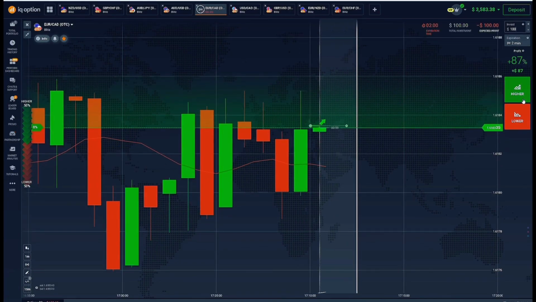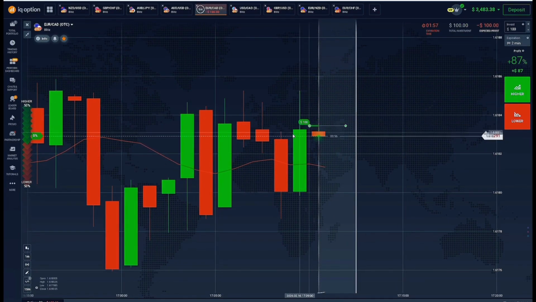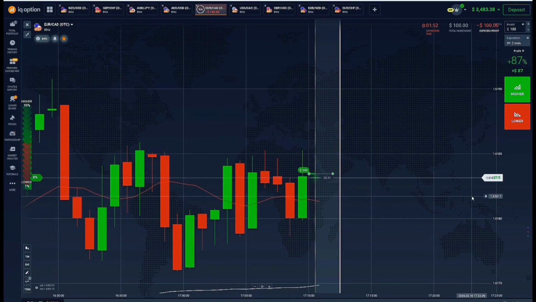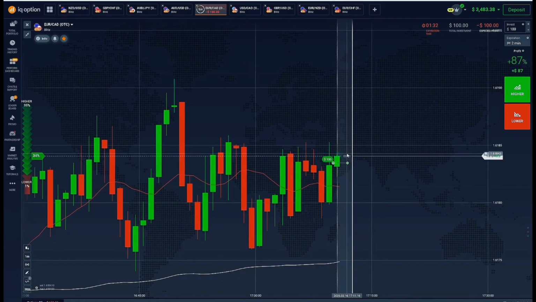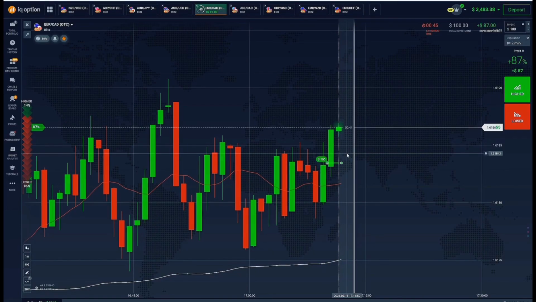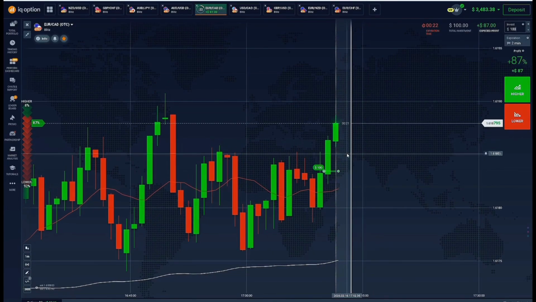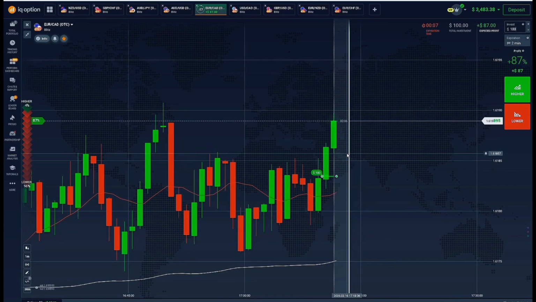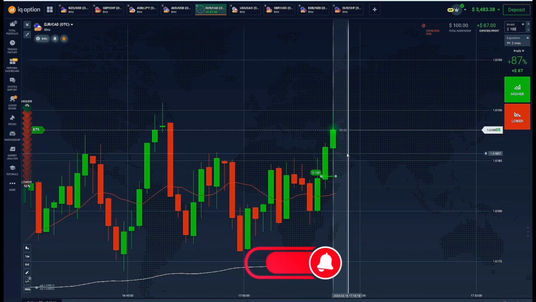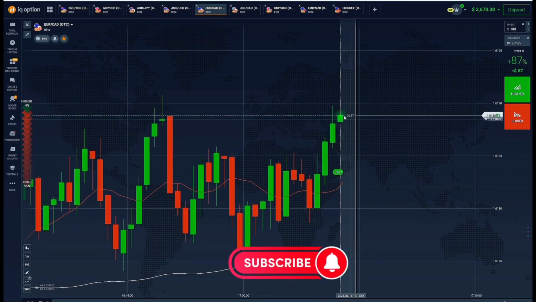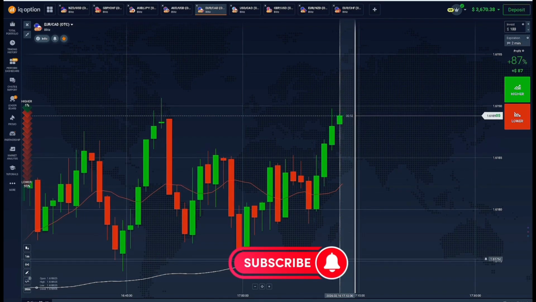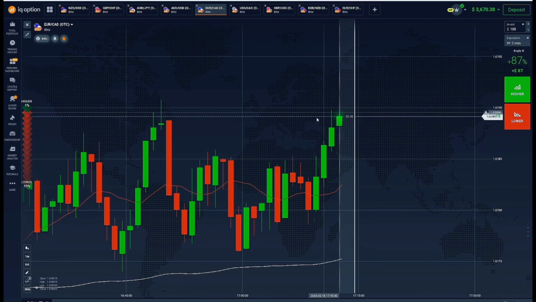So I'm entering at the exact opening of this next candle because we have our bullish engulfing pattern. This actually gave us a good momentum, and that's why the buy came, because the red is above the white. So that's it. So we'll keep observing.